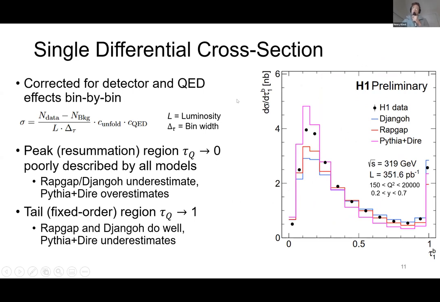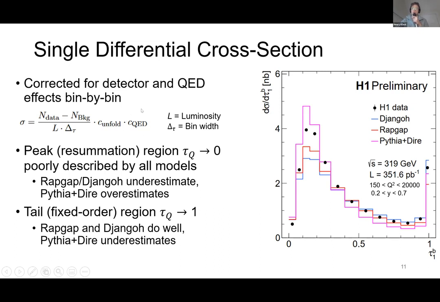So the way we went about doing this measurement is a bin-by-bin correction technique, where the cross section is defined as the number of events in the data minus the number of events in the background, divided by the luminosity, multiplied by a bin width correction. This C_unfold is a constant taken from comparison of particle level simulation and detector level simulation.